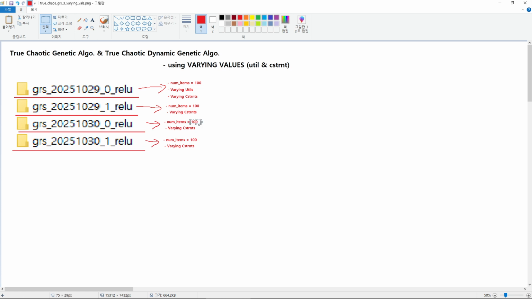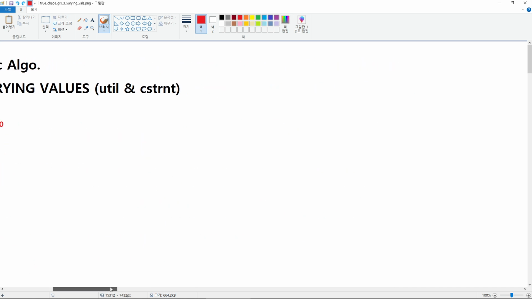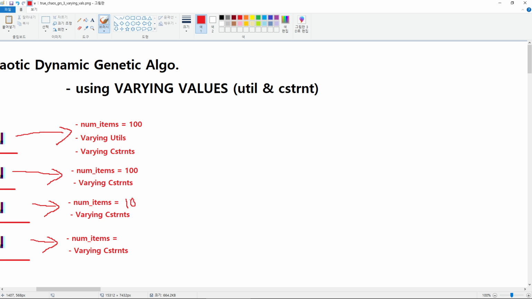However, in this case, the number of items is initially 10. Starts with 10.